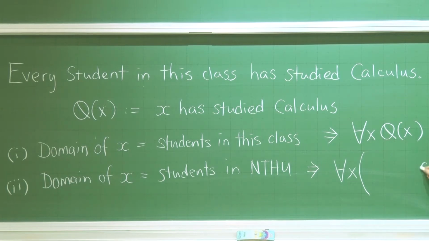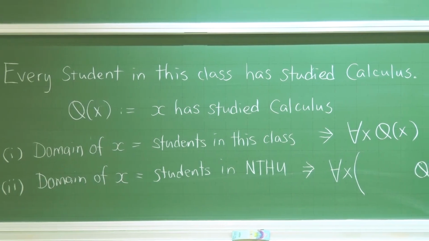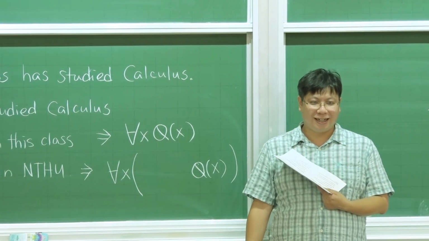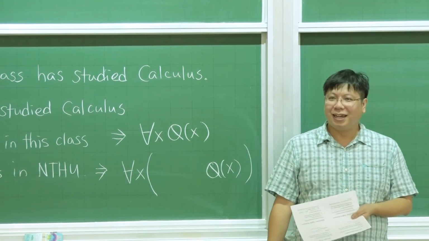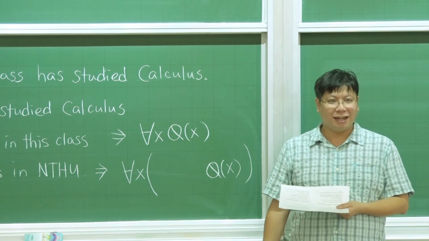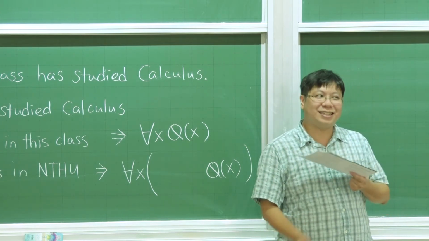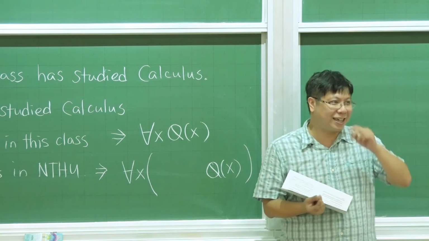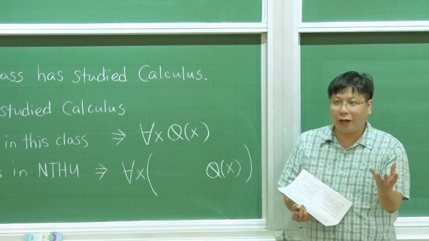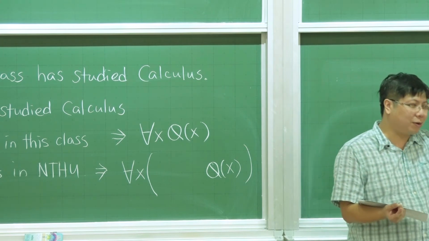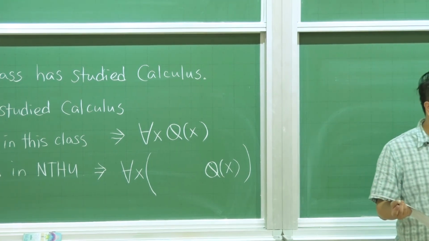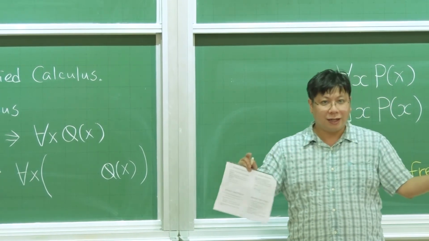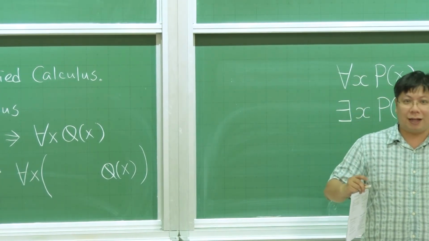So we have Q(x) here, and what? Not exactly. So for all x, that means that we are looking at a student in the school, so we need to do the filtering, check whether the student is in our class or not.